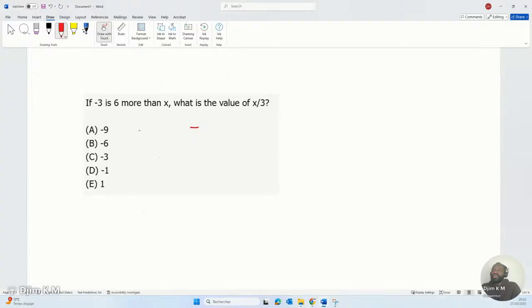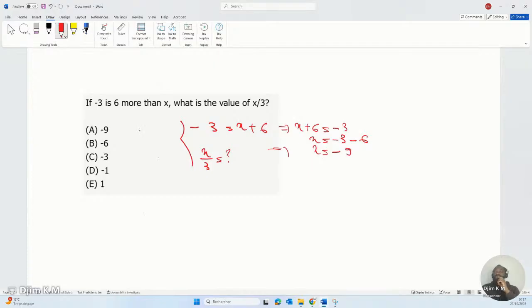So it says minus 3 is 6 more than x, so minus 3 equals x plus 6. X will be minus 3 minus 6. X will be equal to minus 9.